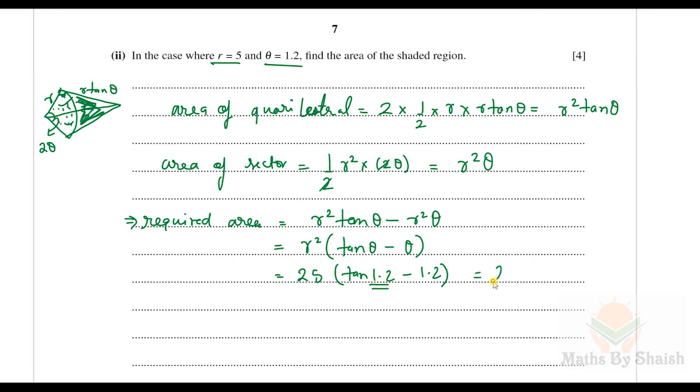So this is 25 into 1.37215 and so on, so it is 1.37 only, to 3 significant figures, into 25, it would be 34.303 and so on, so it is 34.3 centimeter square. So that is the area of the required shaded region.